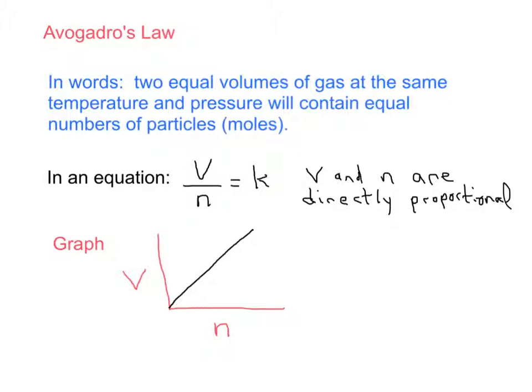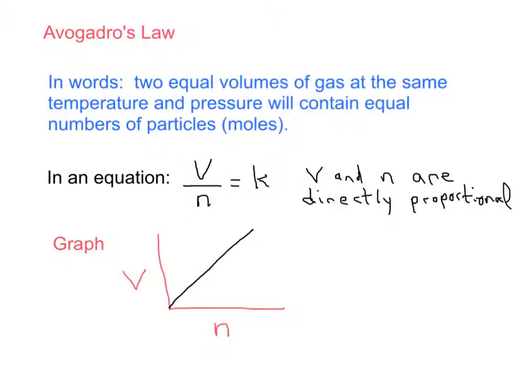So in an equation, what this looks like is the volume per number of moles is a constant. In other words, the volume and number of moles are directly proportional. If you add twice as many particles to the gas and keep the temperature and pressure the same, the volume of the gas is going to double. So like before, we have one side equal to a constant.